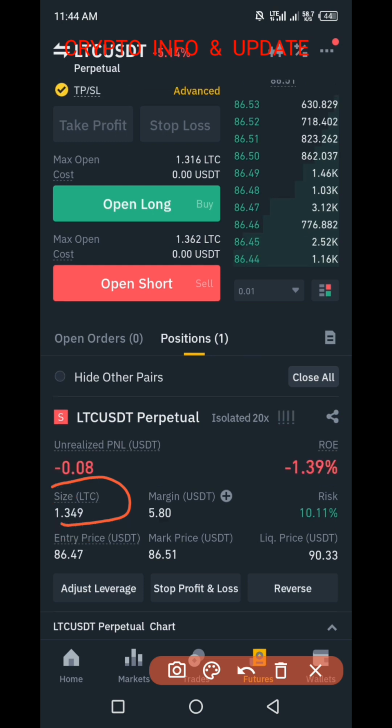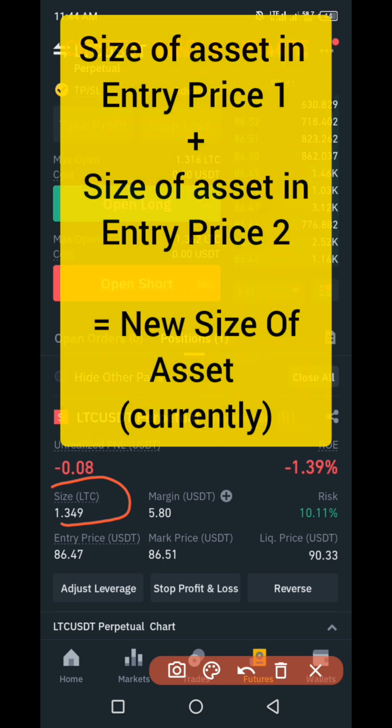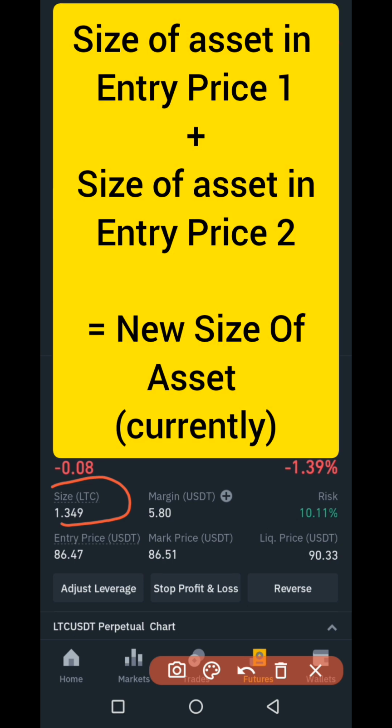Then when the second entry price was filled, the size of LTC increased from 0.678 to 1.349, meaning the size of LTC that was pending in the second entry price was added to the size of LTC in the already running initial entry, to generate the new size of LTC, which we are seeing in this current trade. So the LTC size in entry 1 plus the LTC size in entry 2, when entry 2 was filled successfully, generated the new size of LTC in the current trade.